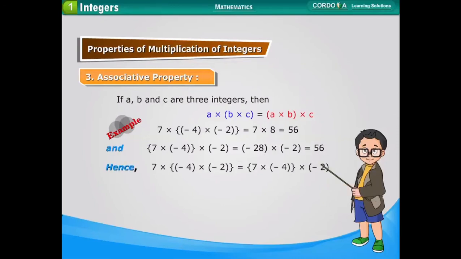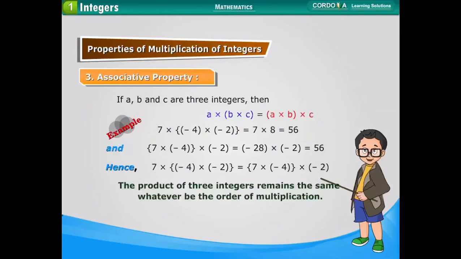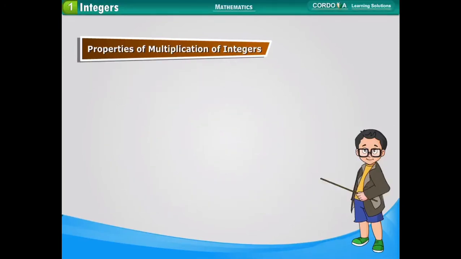Hence, 7 × (−4 × −2) = (7 × −4) × −2. The product of three integers remains the same, whatever be the order of multiplication. Therefore, multiplication is associative over integers.